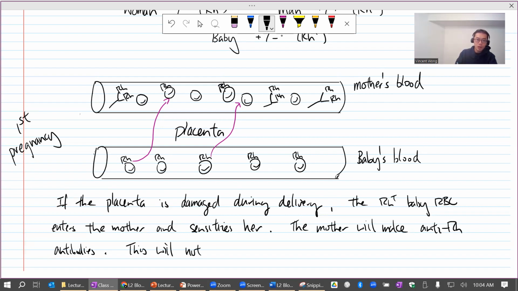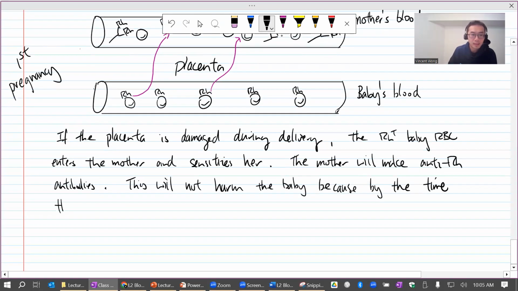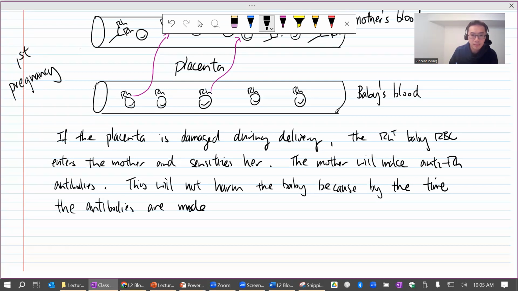This will not harm the baby because by the time the antibodies are made, the baby is already delivered.